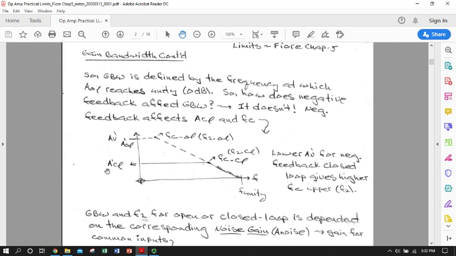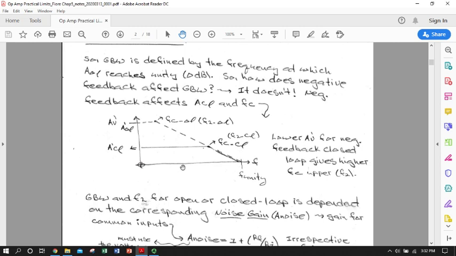If we sacrifice some with a negative feedback network and we drive our gain down to a closed loop, that's a C and an L for closed loop, now our midband region extends way over to here, much bigger. Then we join our 20 decibel per decade of frequency roll off until we hit F unity. So this would be a negative feedback circuit.